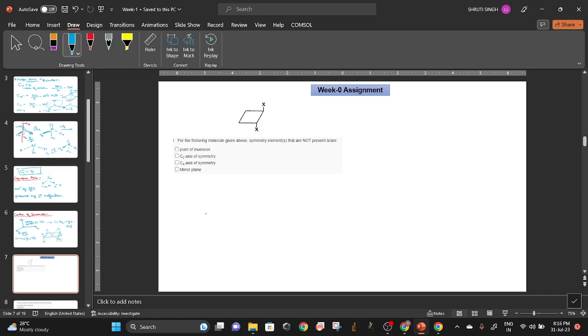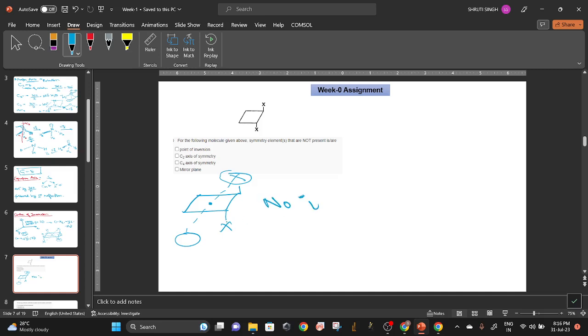Let's see point of inversion. This is my molecule, and if I put a point of inversion here in between the molecule in space, then I have to reflect through this point. Suppose I'm going to replace this atom, so when I'm moving backwards through this point in space, here there is nothing, this is empty, there is no X atom here, so this definitely does not have a center of inversion.